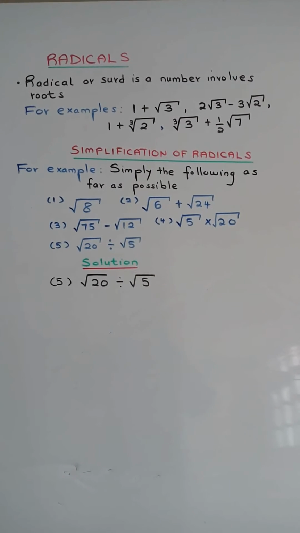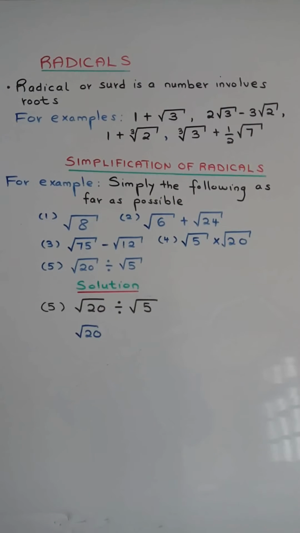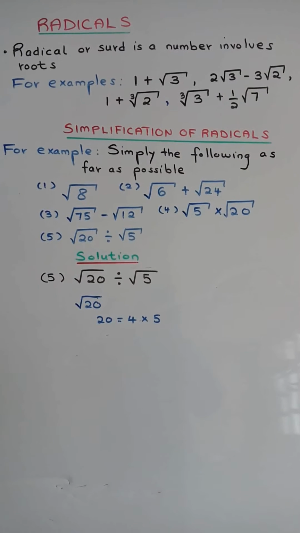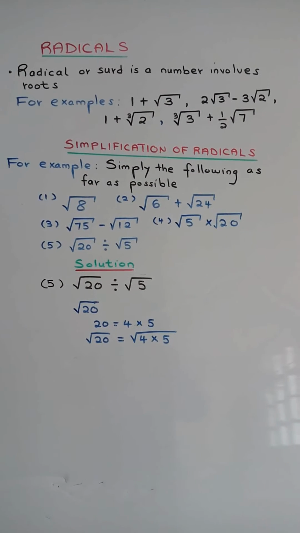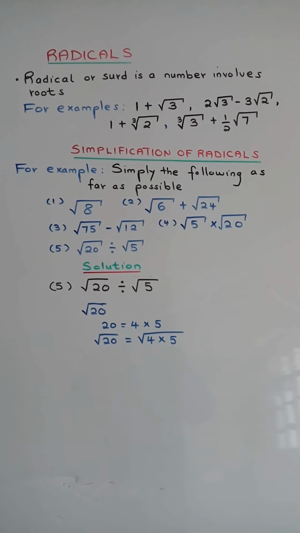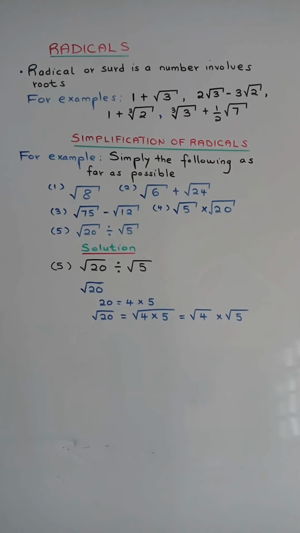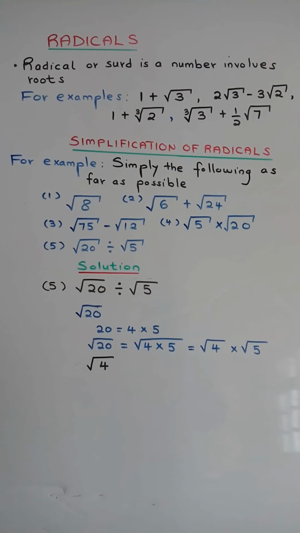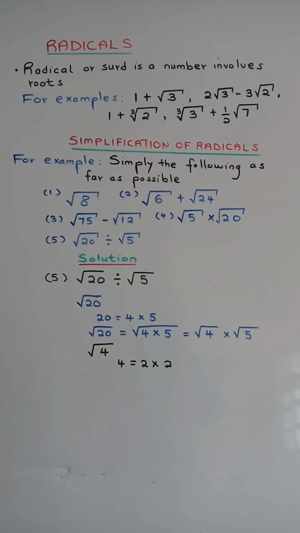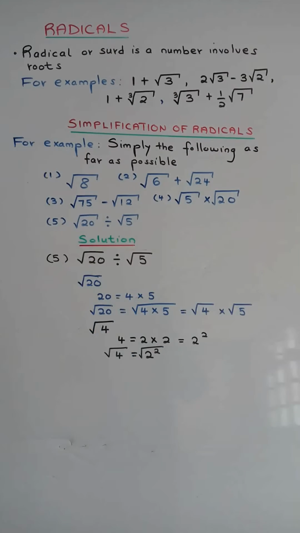Number 5, radical 20 divided by radical 5. Consider radical 20. 20 is equal to 4 times 5. Radical 20 is equal to radical 4 times 5, which is equal to radical 4 times radical 5. Consider radical 4. 4 is equal to 2 times 2, which is equal to 2 squared.